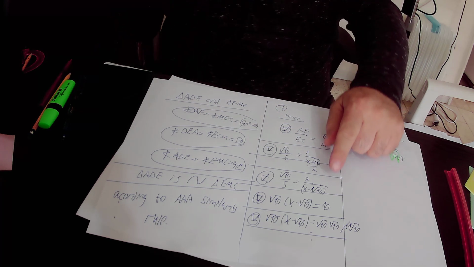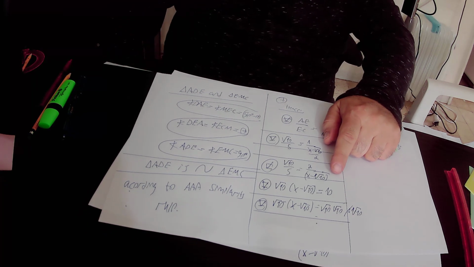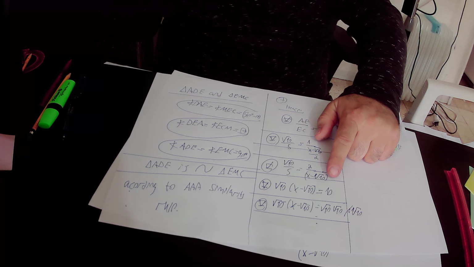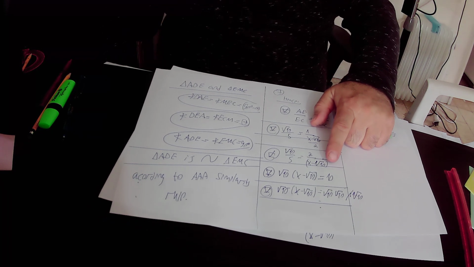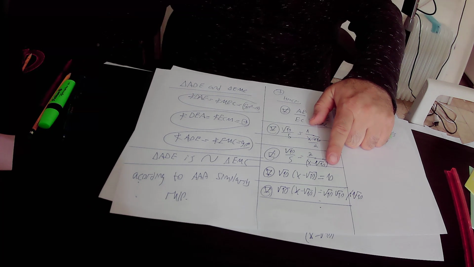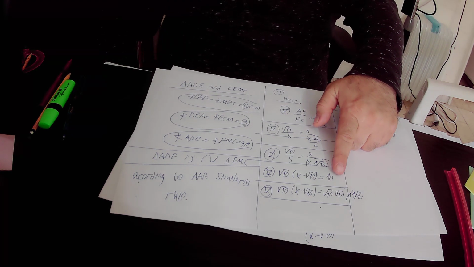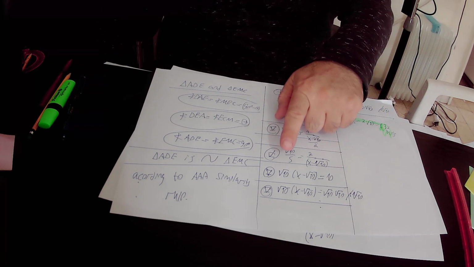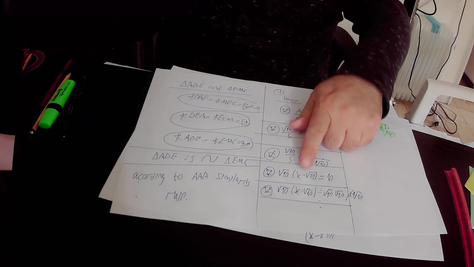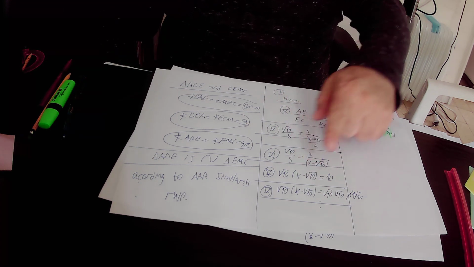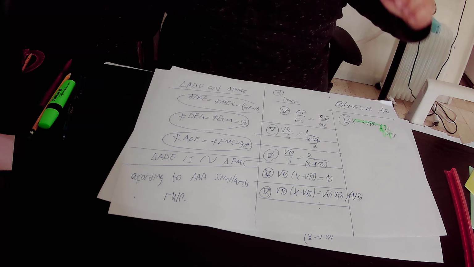Multiplying this equation number 5, we found that square root of 10 times x minus square root of 10 equals 10. Here 10 is square root of 10 times square root of 10, so we substitute, and we got that, according to equation number 5, square root of 10 times x minus square root of 10 equals square root of 10 times square root of 10.